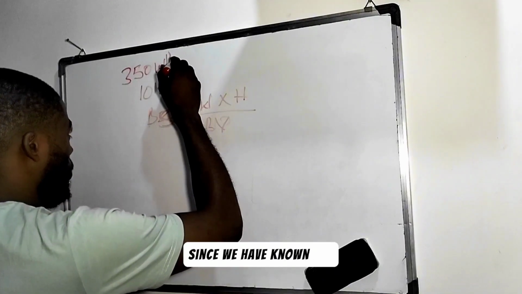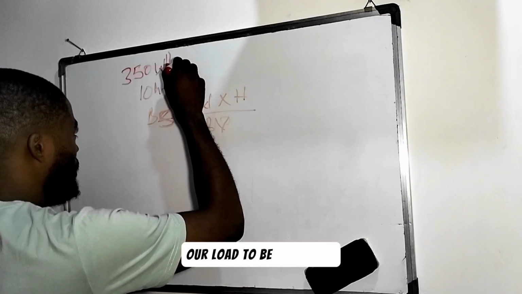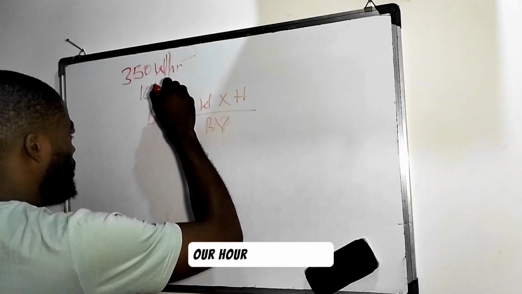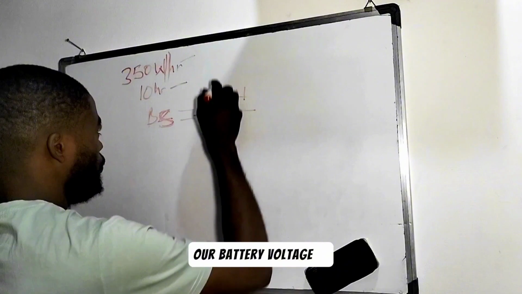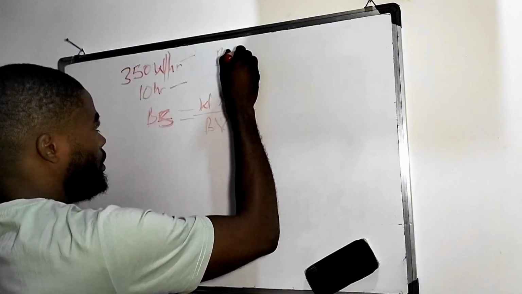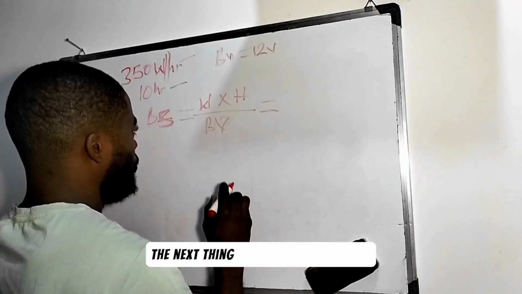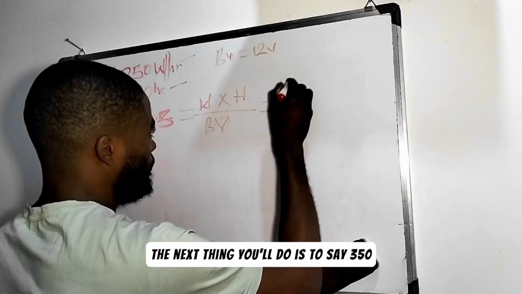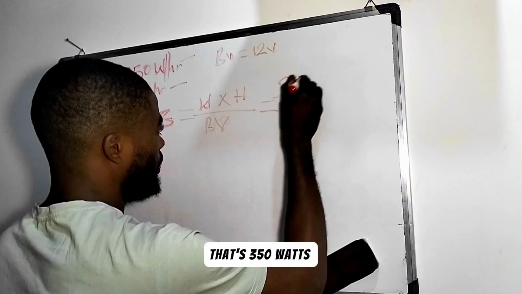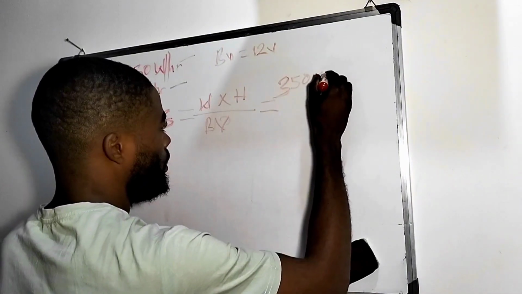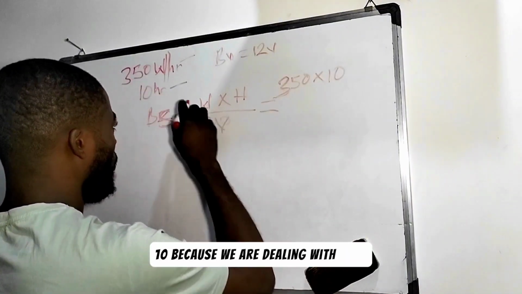Since we have known our load to be 350 watts, our hour to be 10 hours, and our battery voltage BV is equal to 12, because we'll be dealing with a 12 volt system, the next thing you'll do is to say 350 watts multiplied by 10, because we are dealing with hours, not minutes.